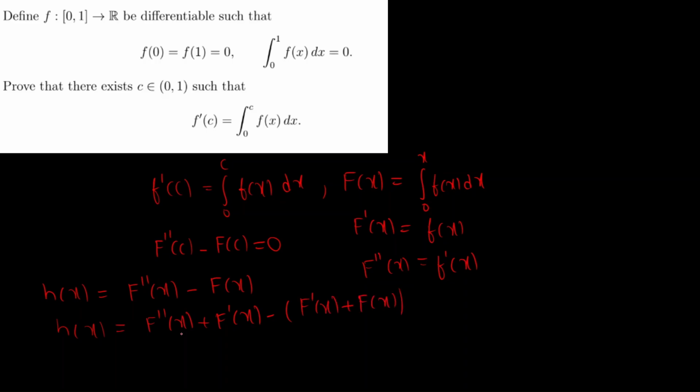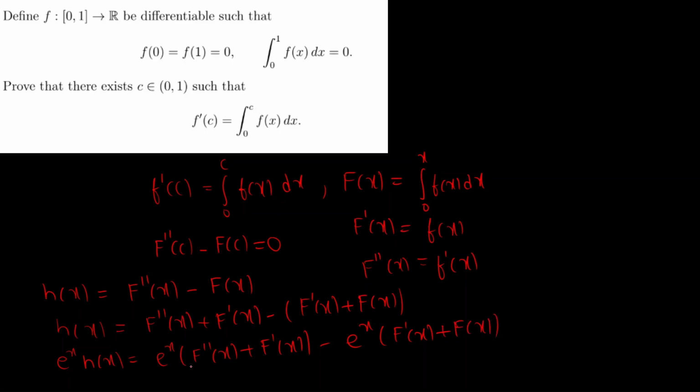Now to make it look like the product rule form, I will multiply with an e power x on both sides. e power x into h of x is equal to e power x into F double dash of x plus F dash of x minus e power x into F dash of x plus F of x.